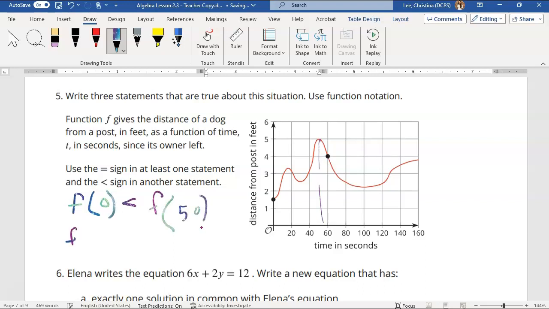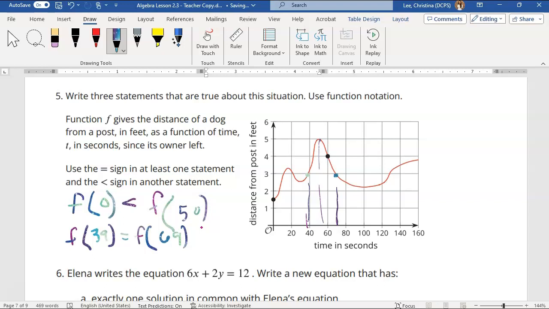F of, let's find 2 equal points. So let's say, where's a nice even point? This one looks about even and this one looks about even, right? So at that point it is f of, we'll estimate 39 equals f of, that would be here, so that's just before 70, maybe 69 or so.